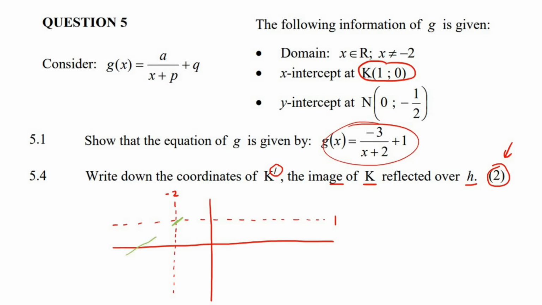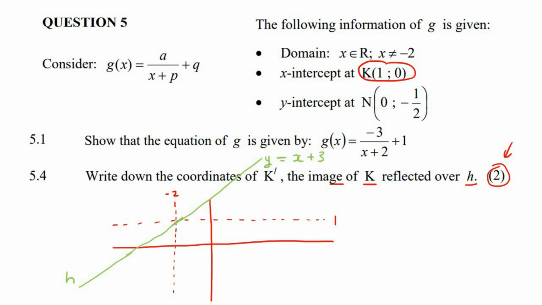So one of them would go there. And I'm actually just going to draw that one. Of course, there's another one that goes that way, but we don't need that one. So this was the equation of h that we worked out in the previous question. And what we found was that that line's equation is y equals x plus 3.